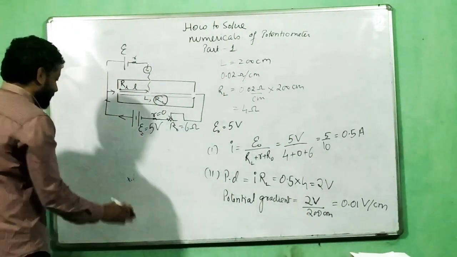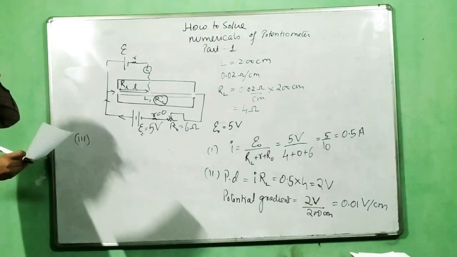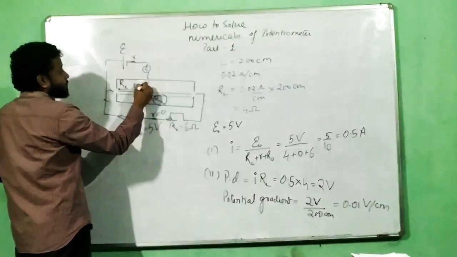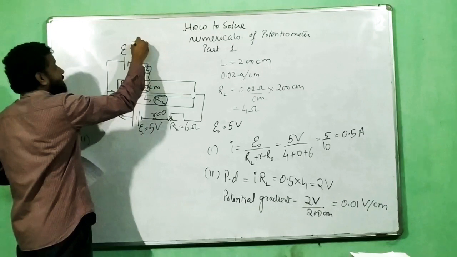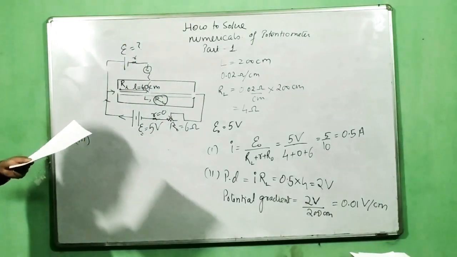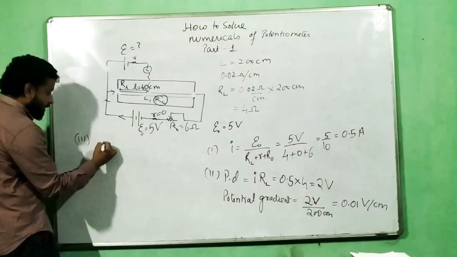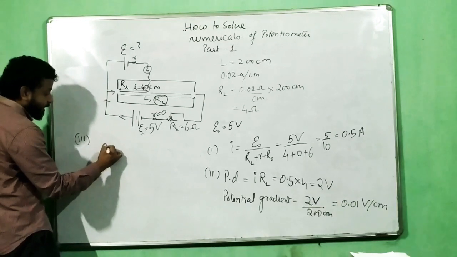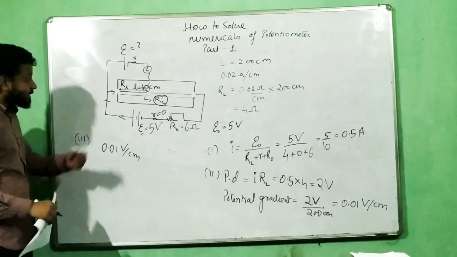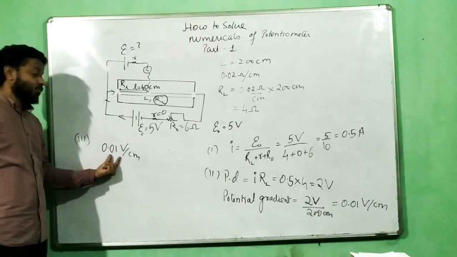Third part of the question. How much EMF can be balanced over a length of 40 centimeter? If your L is 40 centimeter, how much EMF can you balance? Since you have found the potential gradient, which is 0.01 volt per centimeter, that means each 1 centimeter can balance 0.01 volt.